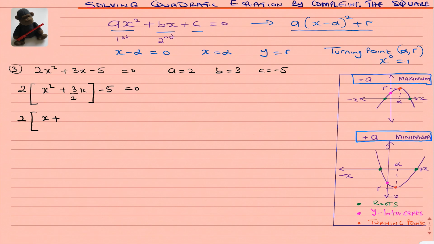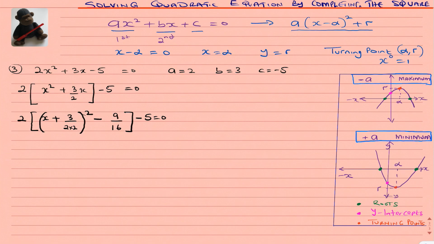I need to divide that by 2, so it will be 3 over 2 times 2, in brackets, squared, take away the square of the new b, so that will be 9 over 16. 2 times 2 is 4, so that's 9 over 16, then close the square bracket and bring down your minus 5, and that equals 0.